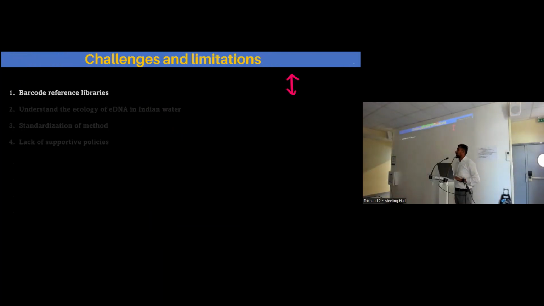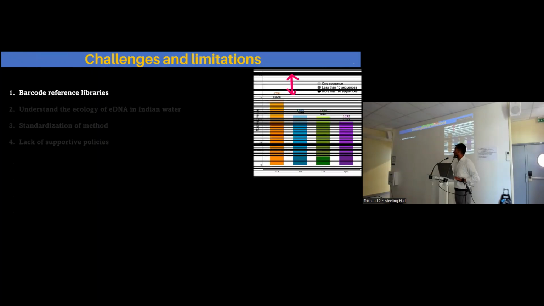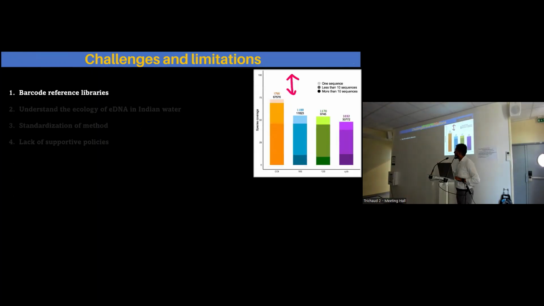Like every approach, it has some positive notes, but eDNA has some challenges that we have to consider during implementation in any region. One of the major challenges is the barcode reference library.